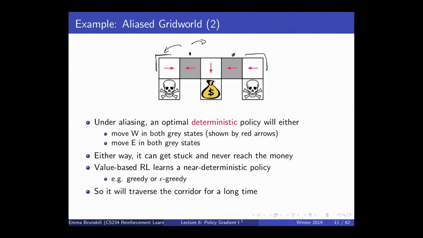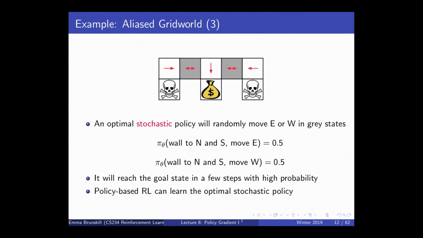And whether it's greedy or e-greedy in general, it will do very poorly. But if you have a stochastic policy, when you're in a state where you're aliased, you could just randomize. You could say, I'm not sure whether I'm actually in this state or this state. So I'll just go either east or west with 50% probability, and then it'll generally reach the goal state quickly.